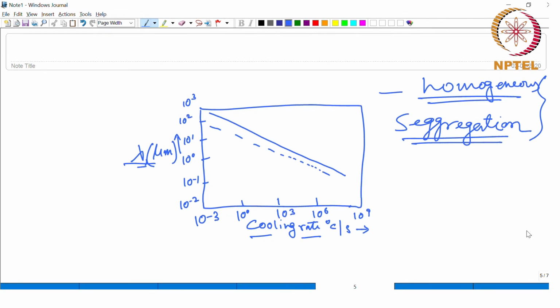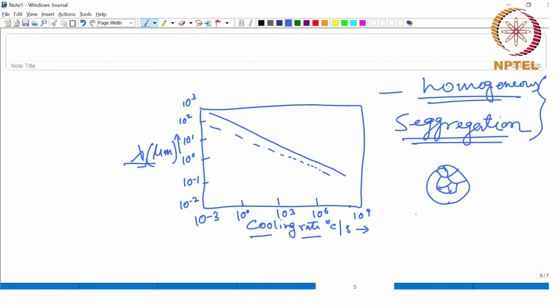Ideally, we want a microstructure where all these dendrites can be eliminated, and you can have a more globular kind of structure, meaning you can have this kind of grains where you do not see these dendrites, rather the grains are in terms of this kind of globular structure.